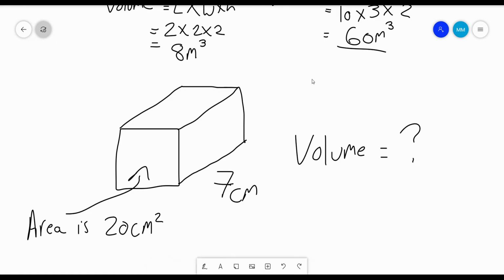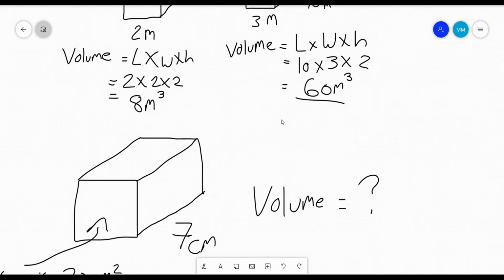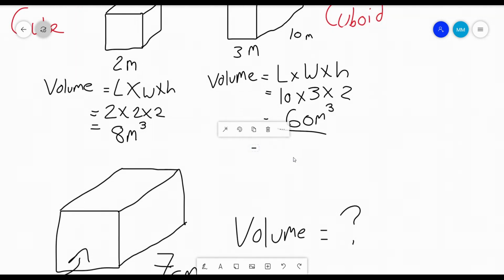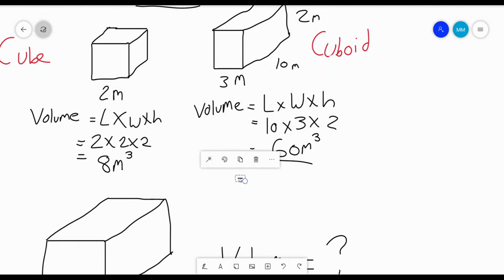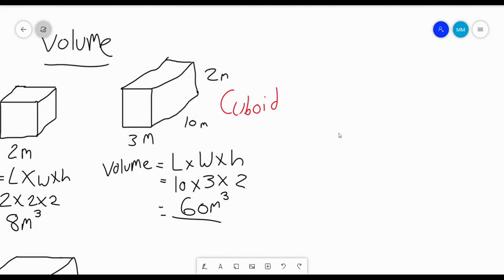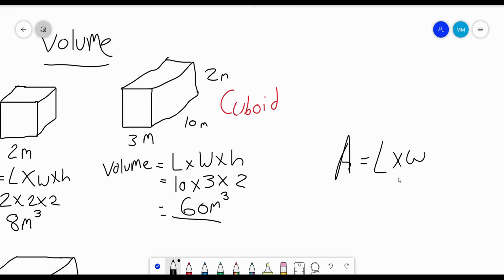Wrong. Let's go back to this cuboid over here. If you listen to the previous video, you know that area equals length times width. Well, hang on a minute.